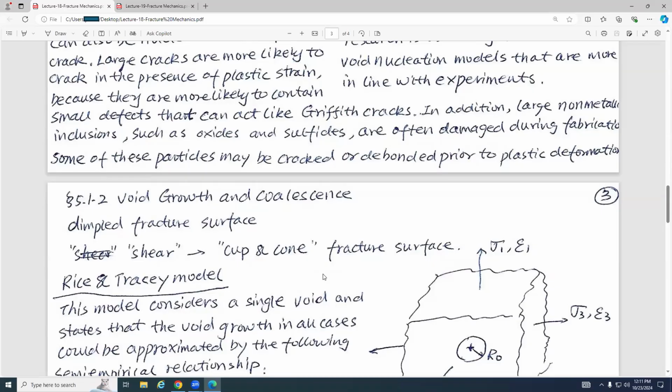A lot of students just ignored this constant. So this is for the edge crack, and suppose this is sigma, a remote stress.